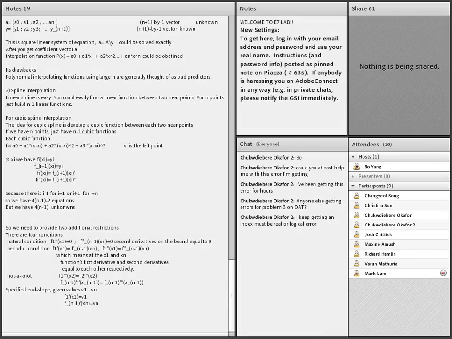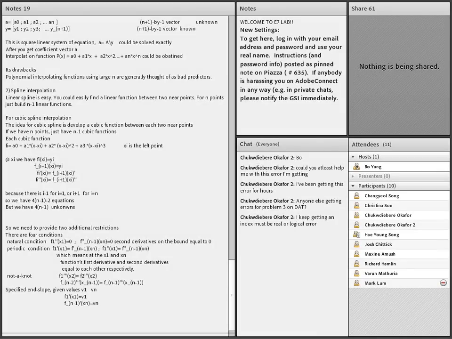Another is not a knot. In this case, at the second point x2, the left function f1's third derivative equals the right function f2's third derivative.